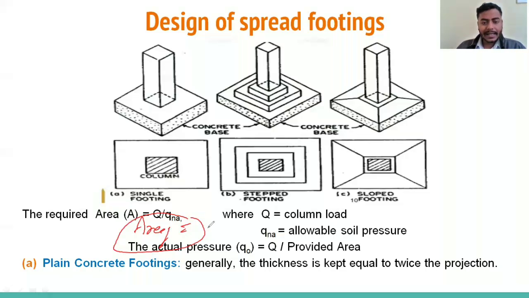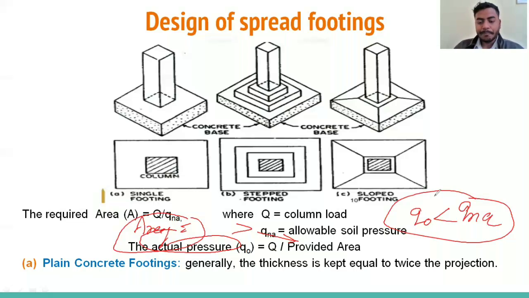In that case, when we increase the provided area, again we have to calculate what actual pressure will develop at the base of the footing. That means we have to calculate Q naught. You will see in this case, when the provided area is greater than the required area, there is a Q naught less than Q_na, right?